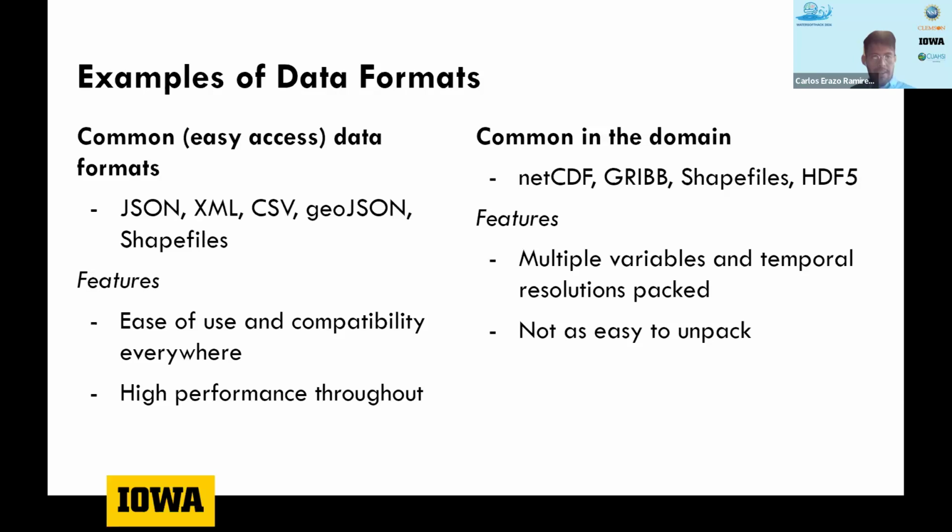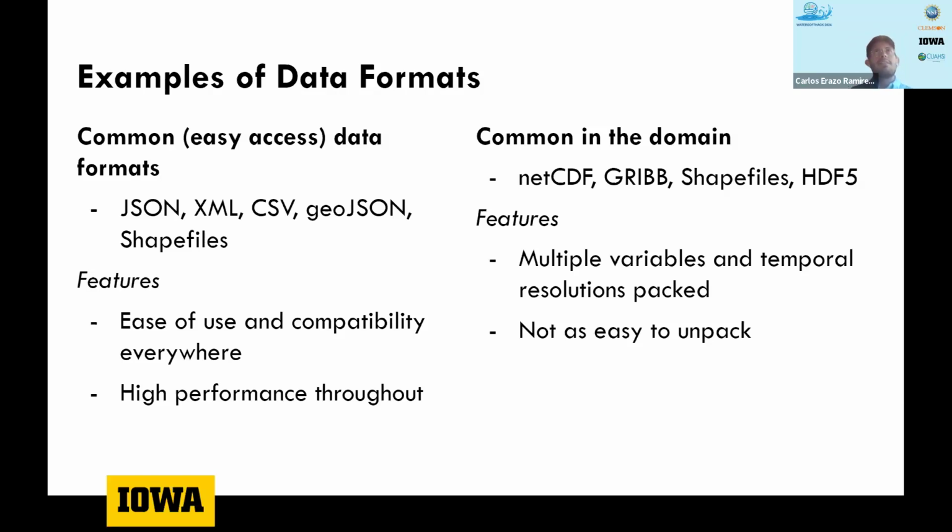All of these are easy to use and compatible almost everywhere. So probably your computer has a parser for it. And it's high performance throughout the whole application or the whole analysis stage, right? JSON is fairly easy to manage, just as any other ones that are used over there.